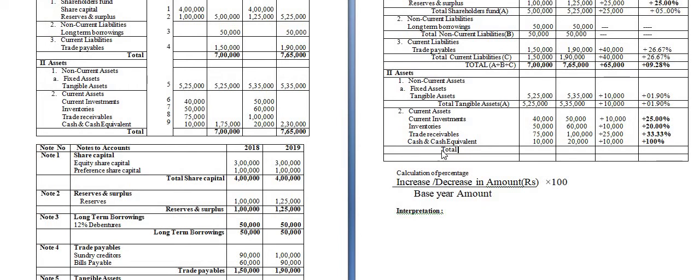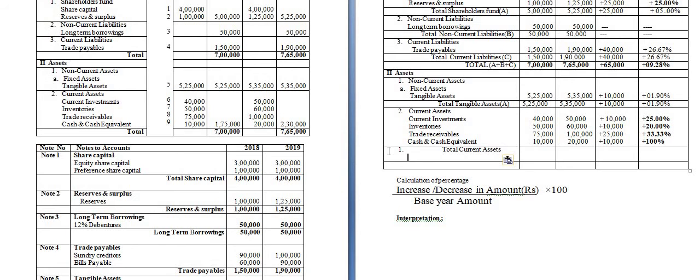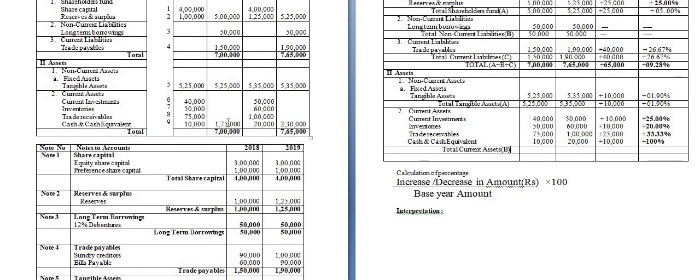Now next, write total current assets in bracket B. How much is the total current assets? 1,75,000 for 2018, and for 2019 it is 2,30,000.